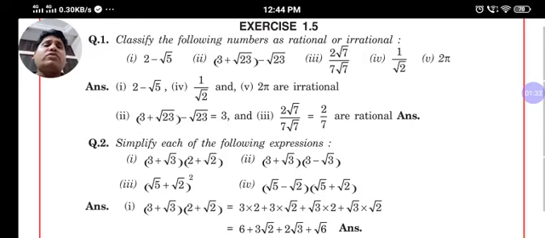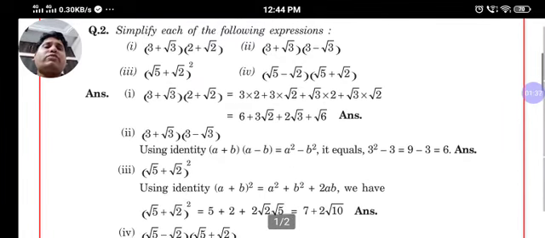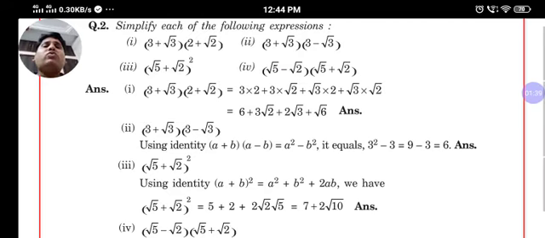Now question number 2: simplify each of the following expressions. We must have an idea of the identities of root a, root b and so on, and we use all these identities in this sum. The first one is 3 plus root 3 and 2 plus root 2.